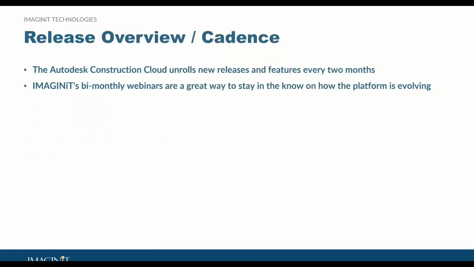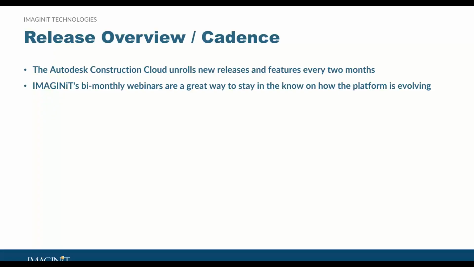So again, just a quick overview so you guys can understand what the Autodesk Construction Cloud product release cadence looks like. They roll out new releases every 2 months. So we had a release in September. There will be another release in November, January. You can follow along with that. Alan and I do these webinars every 2 months. We're typically a couple of weeks after the release has actually been released from Autodesk Construction Cloud, and that is just to make sure that there's not been any changes to those releases or any of the messaging hasn't changed.